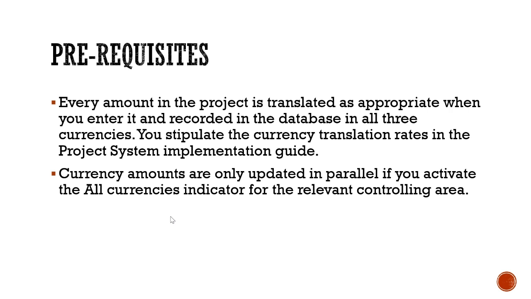This is one of the primary prerequisites, a configuration which is to be enabled. There will be a checkbox that should be ticked, so that the currencies are all updated in parallel, in the three different types of currencies, when you activate this indicator in the controlling area.